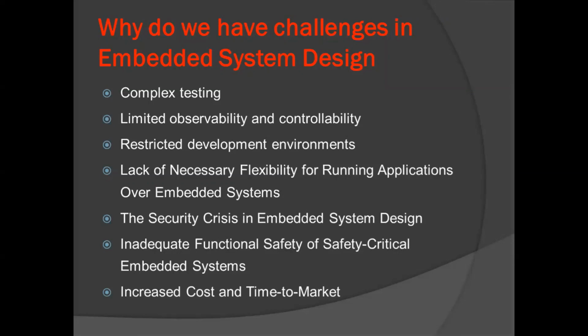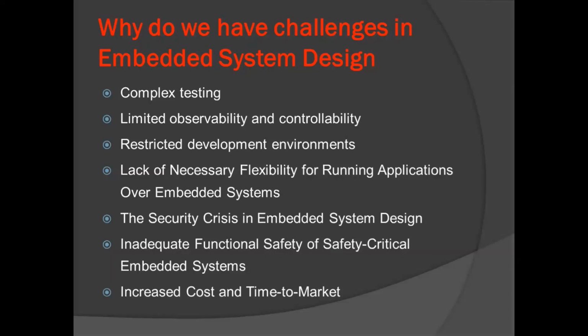Then the next point is inadequate functional safety, or safety-critical embedded systems. These embedded systems are developed to control from point to point. They will be controlling bigger electromechanical systems, or acting as the sole controller for a particular system. In that case, functional safety is very important.